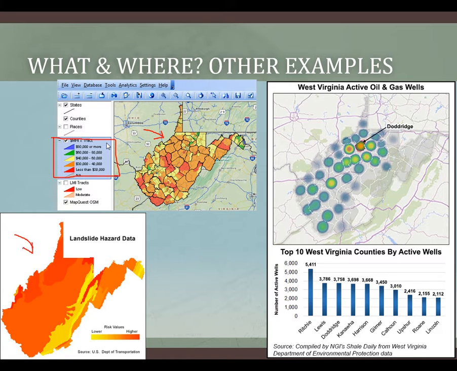We talked about this map about landslides, so it's data, so where, and we connect here some kind of risk, you can see risks and problems when we have a landslide throughout our state. Well, West Virginia is an oil and gas and energy state, so we also want to figure out where the oil and gas wells and coal are, and people who are interested in energy might find this map very important to know exactly where the hotspots are, for example, natural gas.